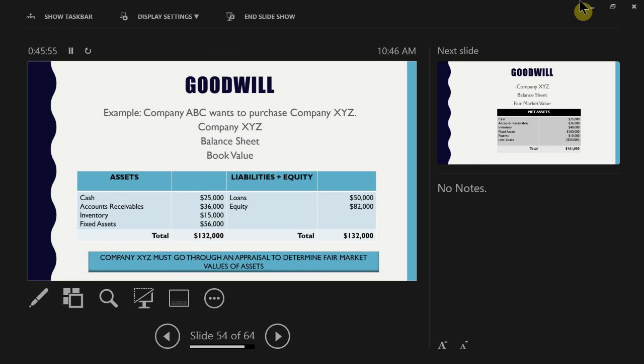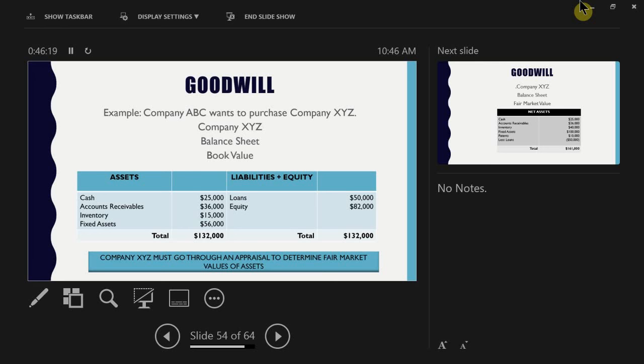Of course, before even looking at purchasing a business, this is what the business provided you. This is what they recorded on their books. This is their book value for everything they currently have on their books. So for assets, they have cash valued at $25,000.